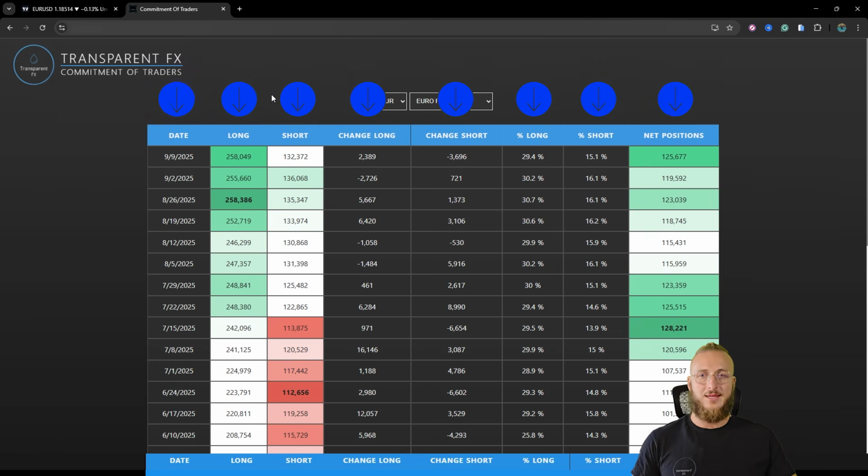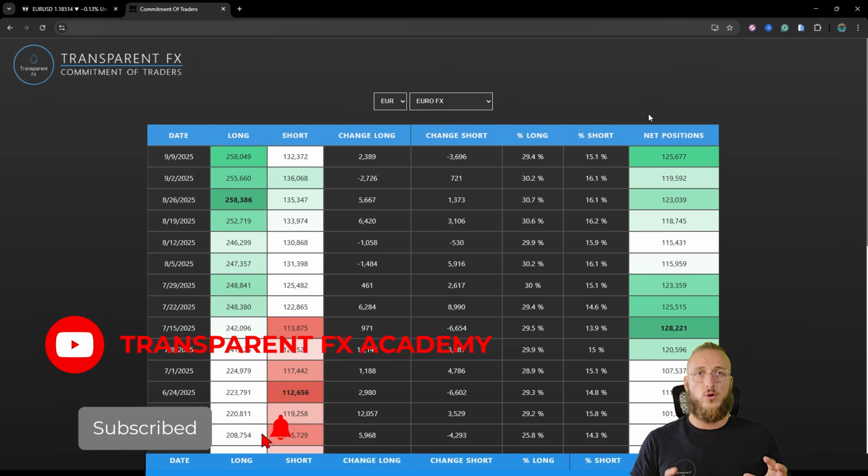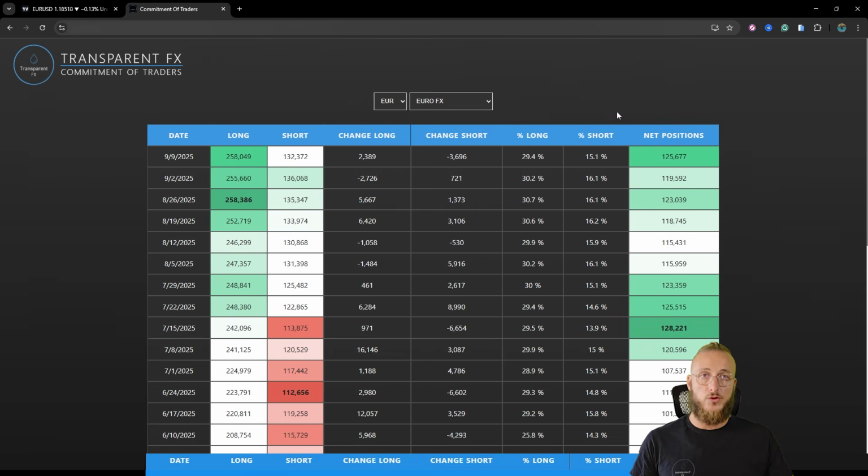And so what I think is that looking at their positioning and how it's changing is a good overall view of how the biggest institutions in the market are viewing the fundamentals. So it is like a proxy for the overall fundamentals of the market, in my opinion. And that is why I like the COT data that much.